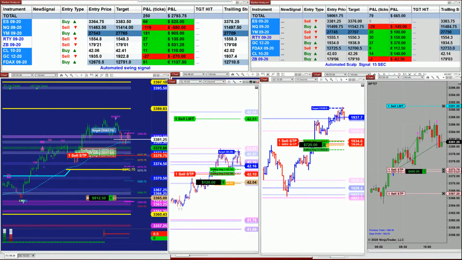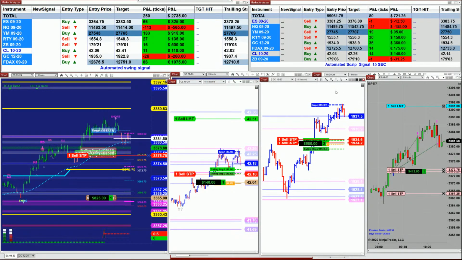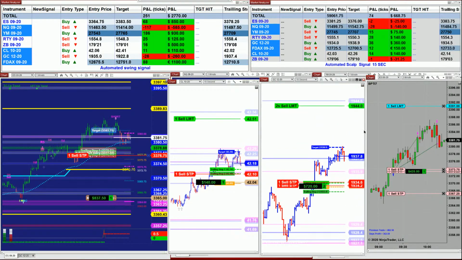the system on the gold hit the 1938. This is very good for the traders to get out of it.